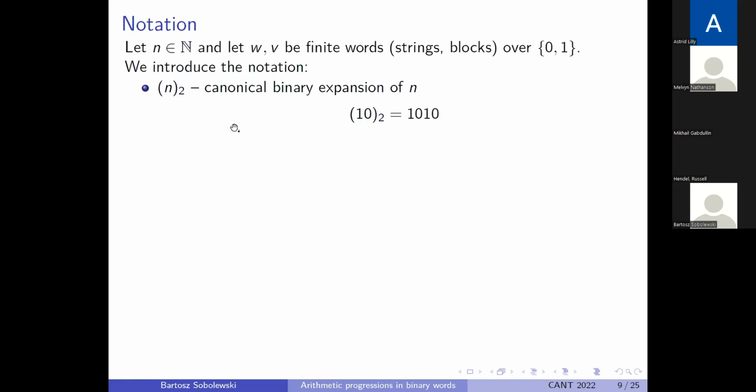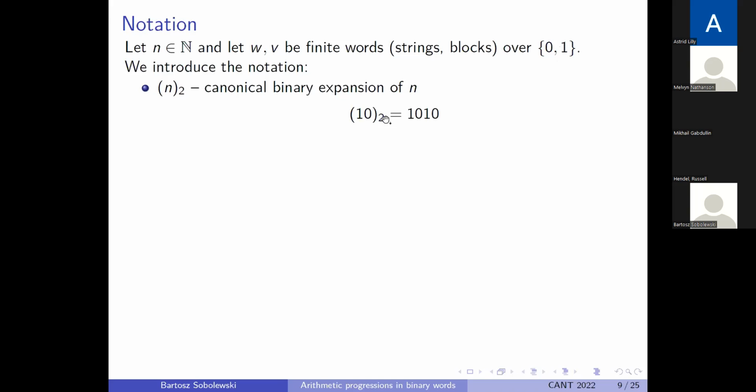So here I assume that n is a non-negative integer, and w and v are finite words, or strings, or blocks consisting of the letters 0 and 1. And by (n)_2, I denote the canonical binary expansion of n. And by canonical, I mean that there are no leading zeros in this expansion.